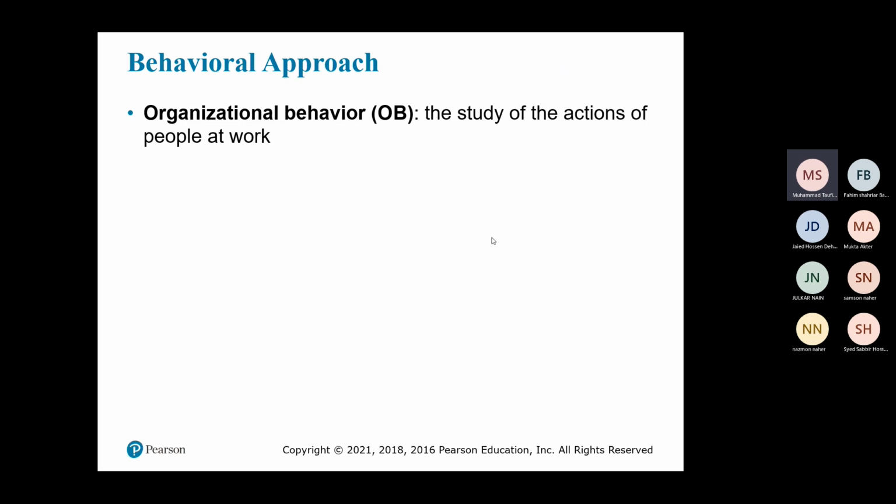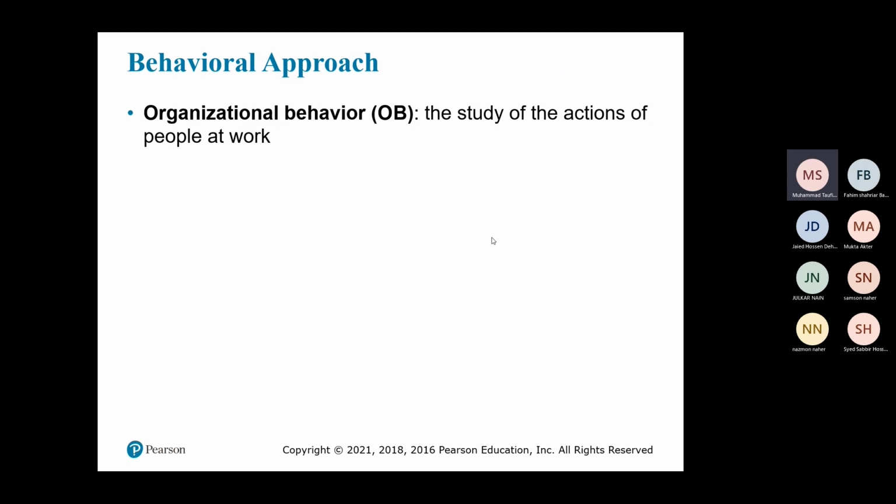Why they come up with this knowledge is because what the researchers observed is that the behavior of the people changes between when they are at work and when they are at home.